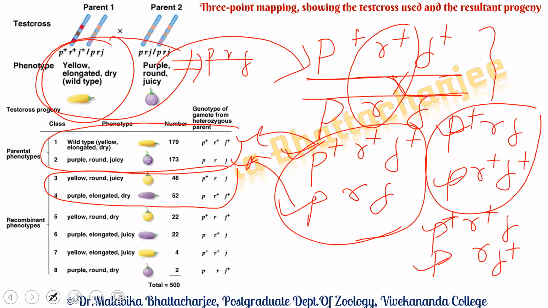Now comes a situation where my drawing of the gametes is not matching with the phenotype that is being observed. If you see that there is a crossing over between R and J, then in that case, this situation shouldn't arise.